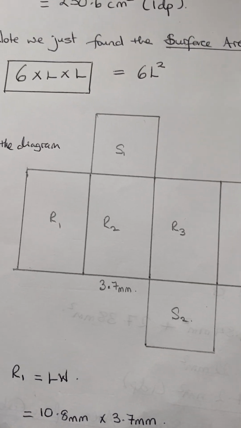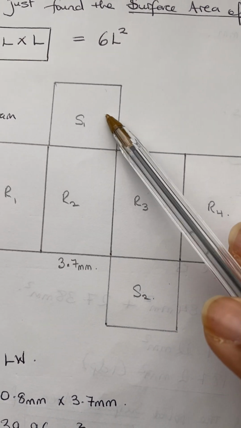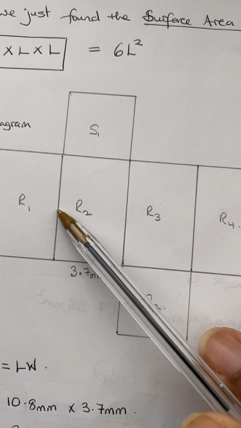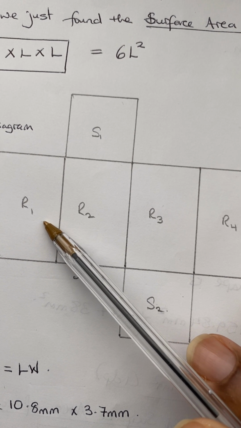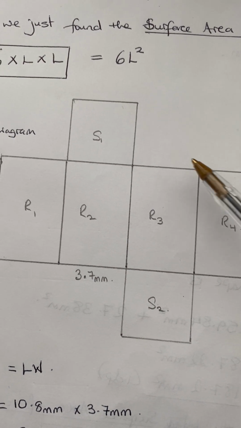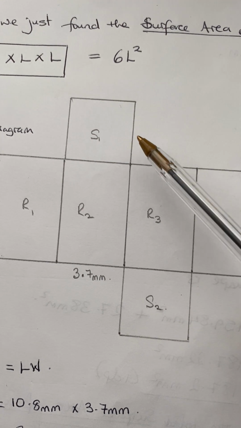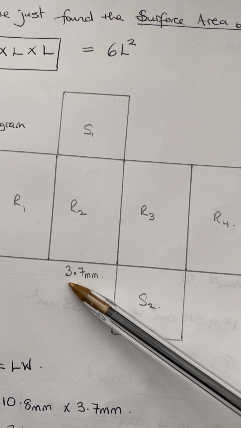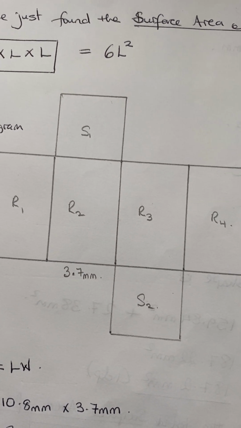This has 4 rectangles and 2 squares, but you can also have 4 rectangles, and then you can have 1 square there and the other one there. So you have to be careful what they are giving you.